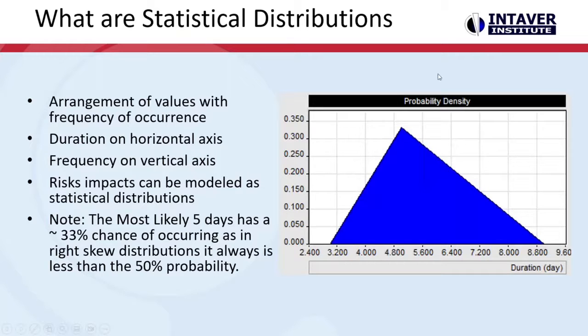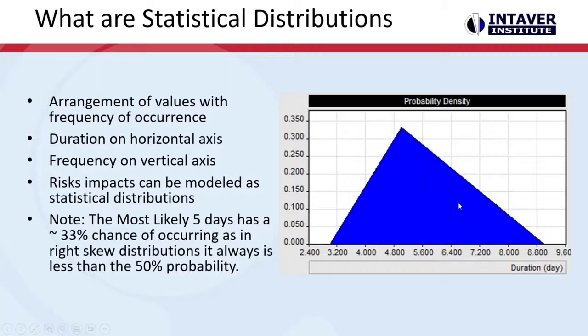And if you ask why it is not 2 days, 3 days, and 7 days, typically optimism bias tends to take over. Mathematically, we can only complete an activity in a certain amount of time. So we can't complete an activity in 0 days. That's not possible.